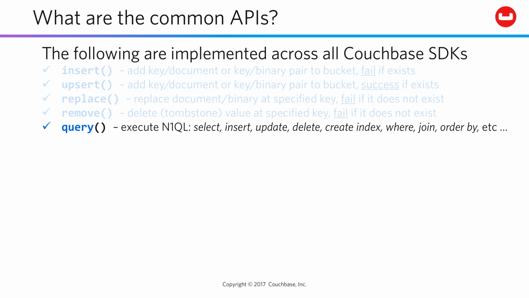But there's also an API to execute any Nickel query you can imagine to select, insert, update, upsert, and delete documents as well, and to create indexes, to filter, join, order results, and much more, so you'll see there's overlap in those approaches.